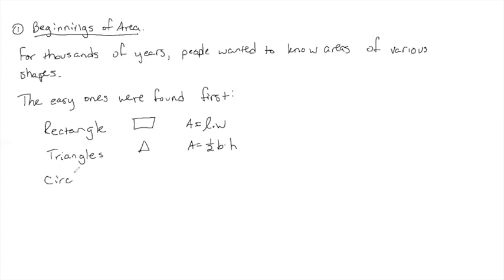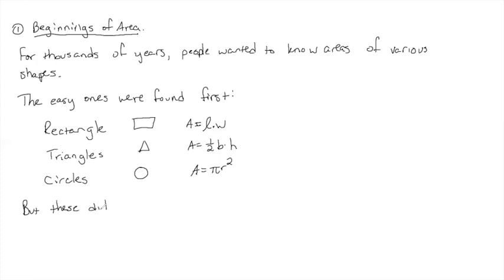And circles, which of course we know is pi r squared, right? These are all things that the ancient people knew about, because they were sort of easy to figure out on your own. You can just come up with them, along with some others, but these are the most basic ones.